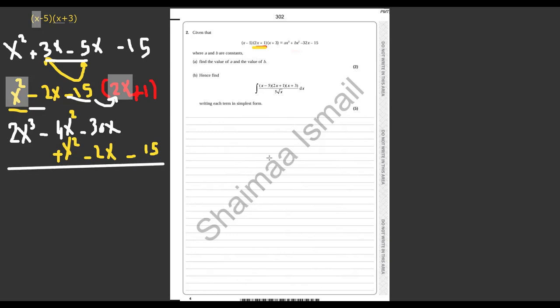So I say here would be 2x cubed minus 3x squared minus 32x and minus 15.